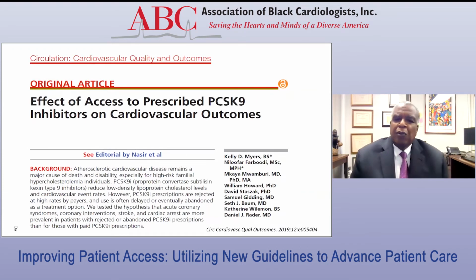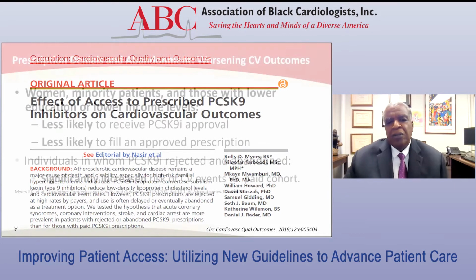I mentioned earlier that we had seen the PCSK9s as one of the barriers to the uniform application of evidence-based medicine. This particular study convinced us even more that this was a problem that needed to be addressed.